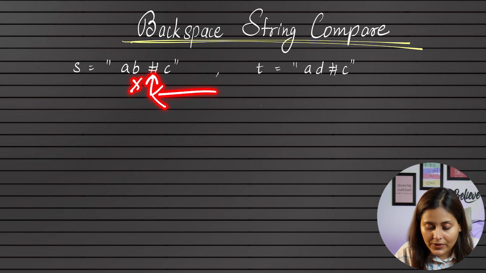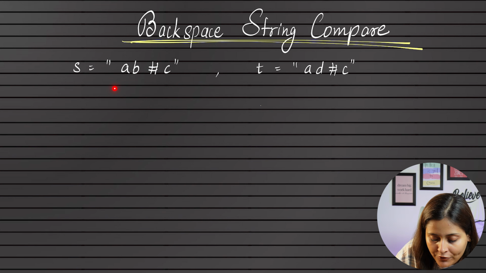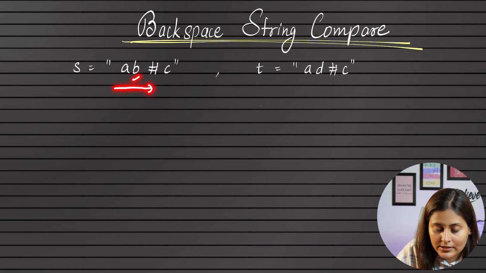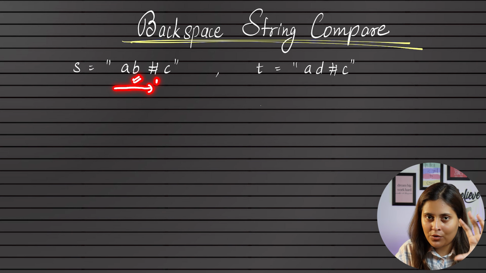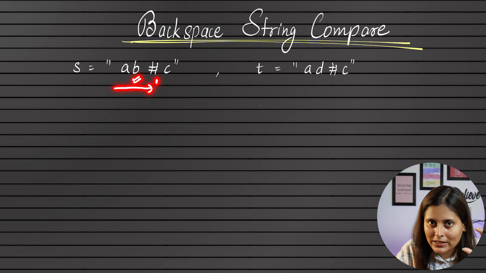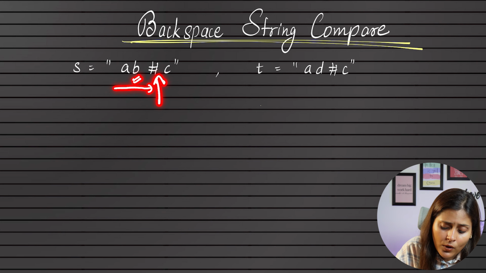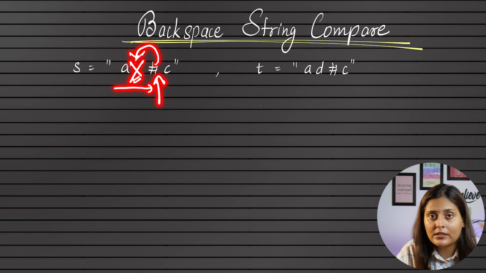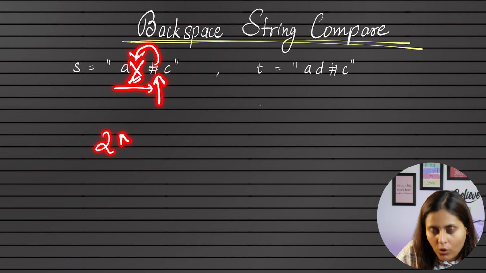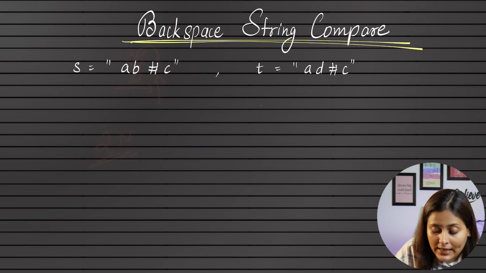Okay, see, earlier what's happening, you were going from left to right, you already added this, means you have used some time complexity there to add it. Once hashtag found, again you are undoing that, another time complexity, means O of 2n. Okay, now what I'm saying, why not start from right to left?